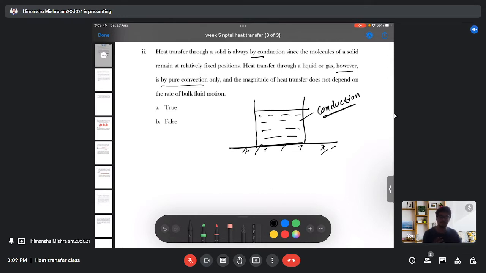Now, let's say I have a spoon and I start revolving this liquid, and I generate a vortex motion inside the liquid.